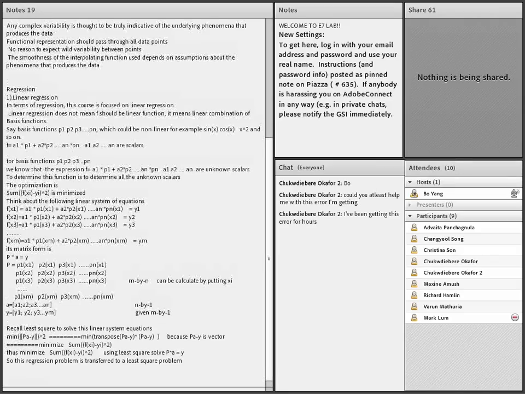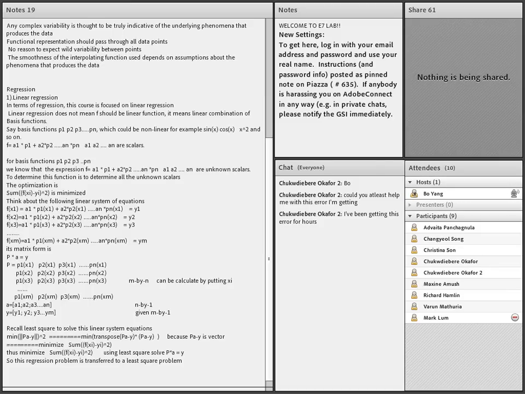Now it is much easier because we already know how to solve the least square problem. The only question is how to build the linear equations. As we just showed, we just need to put x1 to xn into the basis functions to build the P array.